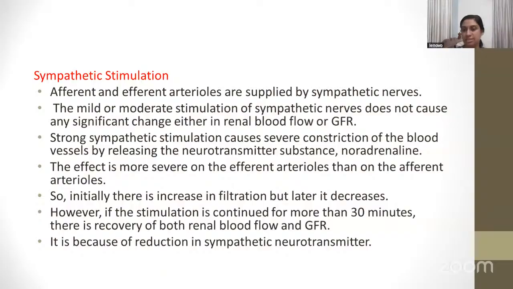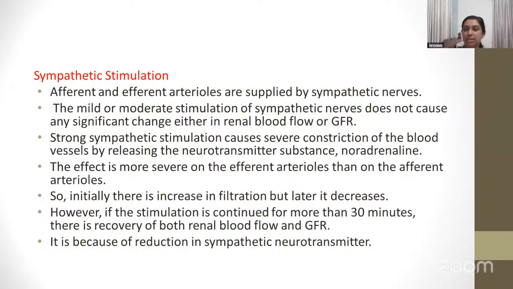In such cases, renal blood flow as well as the GFR will be altered, and the autoregulatory mechanisms fail. The effect is more severe on the efferent arterioles than on the afferent. That is, blood flow as such is not increasing, but the efferent arterioles will be constricted, preventing the taking of blood away from the kidneys.